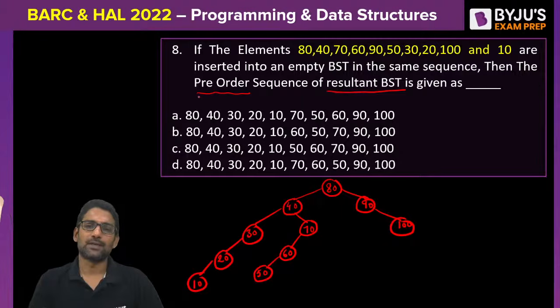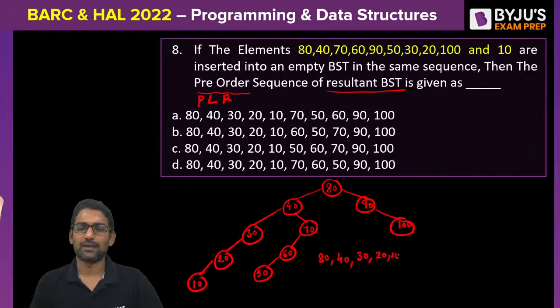Pre-order says parent, left, right. So parent is 80. Left is again a subtree, so first parent, then left is again a subtree, so 30, 20, 10.